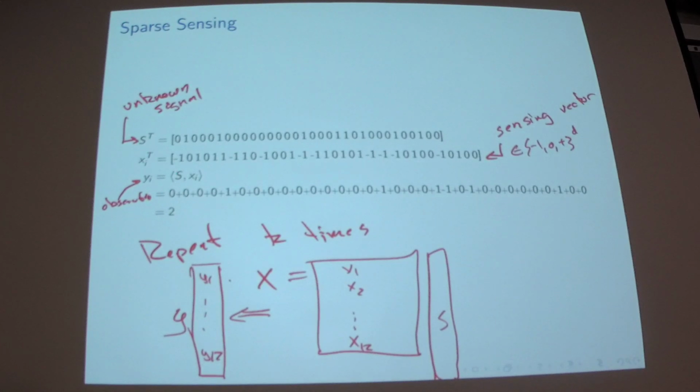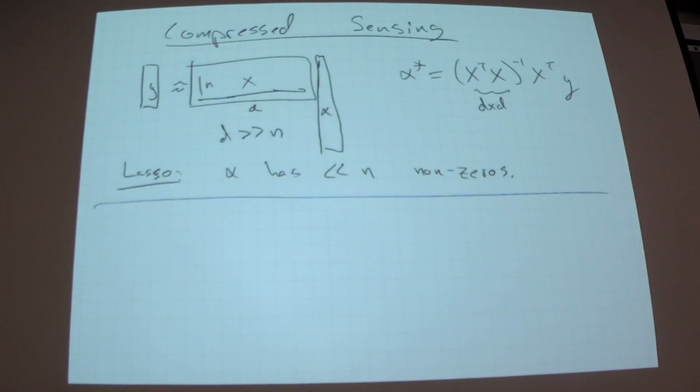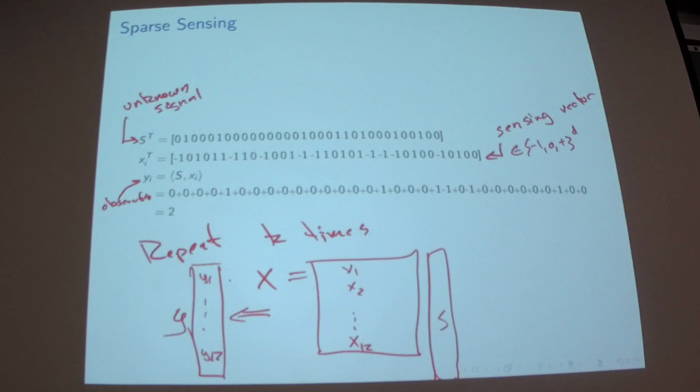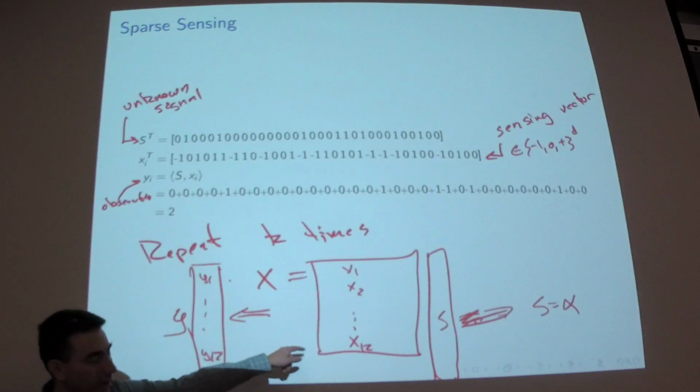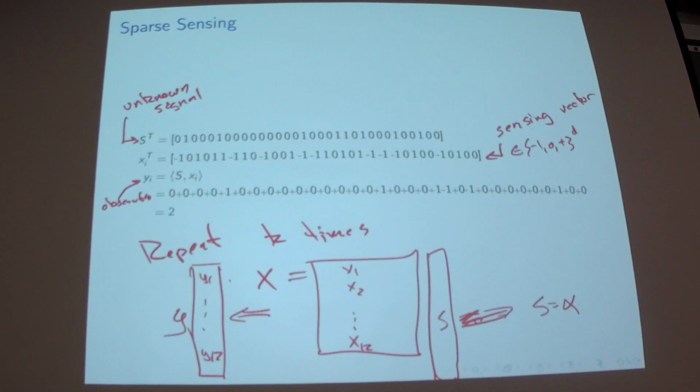So this should look like the picture over here, except now s is equal to this unknown model vector alpha that I'm trying to recover. What's known is that this is going to be known.